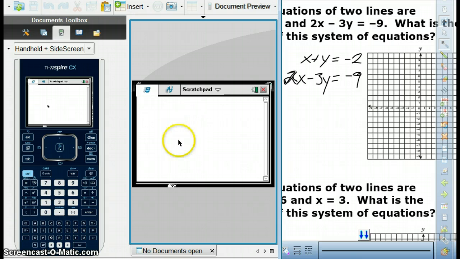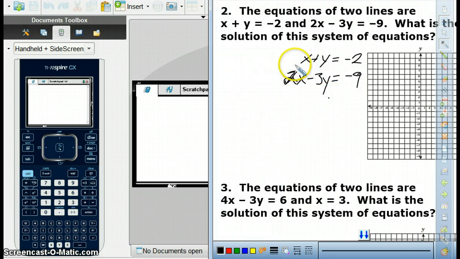Alright. Now that last screen on my calculator kind of gave a hint as to what we were going to do with these equations right here. What we're going to do is use just the numbers, just the coefficients. See how this has a coefficient of 1? That has a coefficient of 1. I'm talking about the numbers in front of the variables.